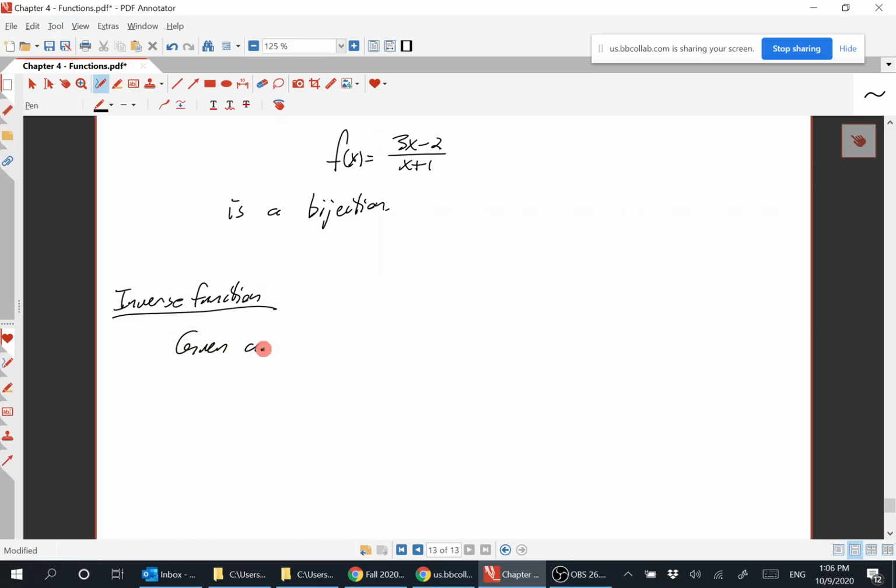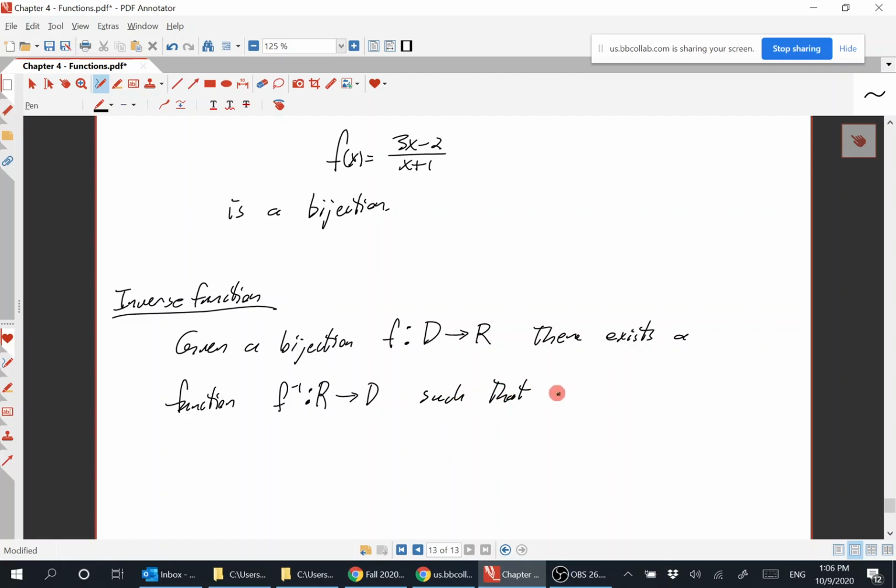Given a bijection f from domain to range, there exists a function f inverse from the range to the domain, such that f of f inverse of x is equal to x, and f inverse of f of x is equal to x.